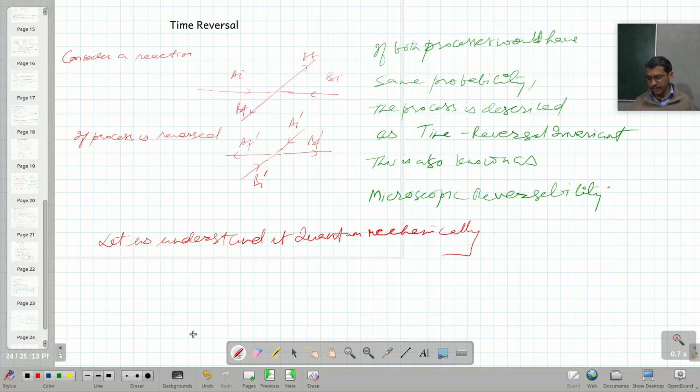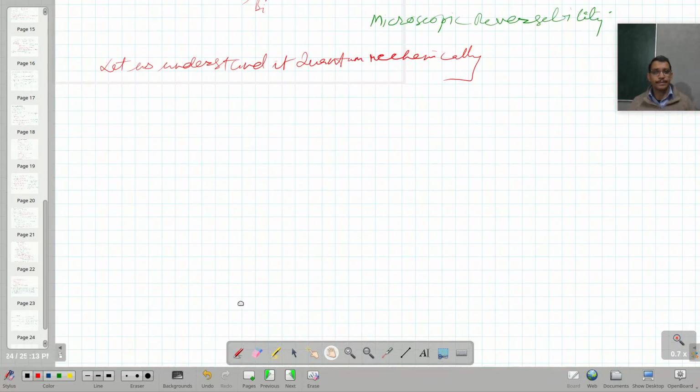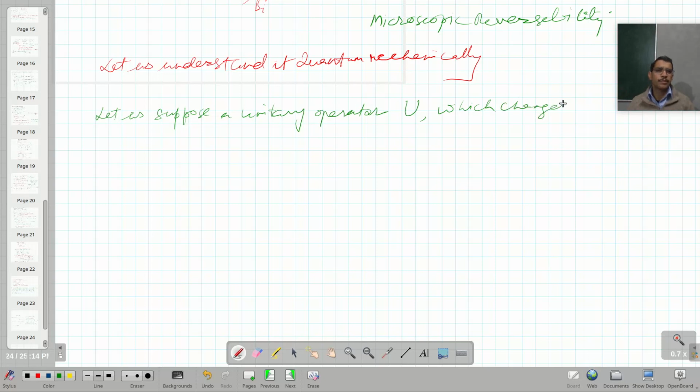Let us suppose a unitary operator U, and this is basically our assumption, that this operator changes t to minus t.